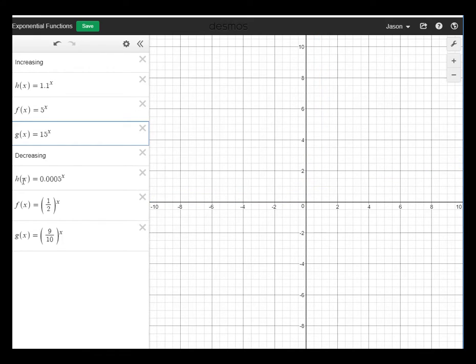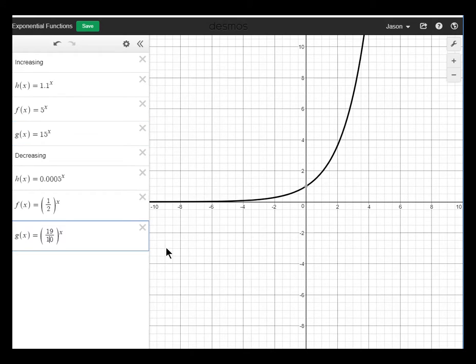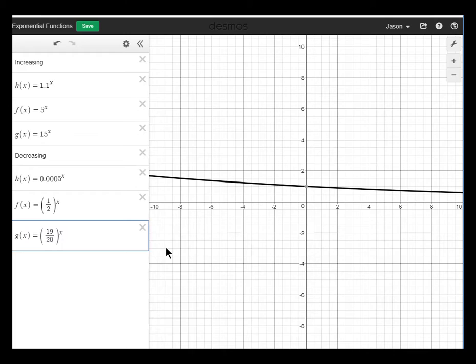These are the decreasing. Decreasing means that I have a value between 0 and 1, whether I write it as a decimal or as a fraction. We'll start down at the bottom. This one is closer to 1, 9/10. If you look, it is becoming more horizontal. So let's change this. Let's say that this is 19/20, becoming a little more horizontal.